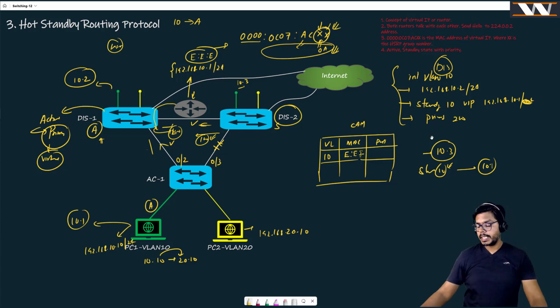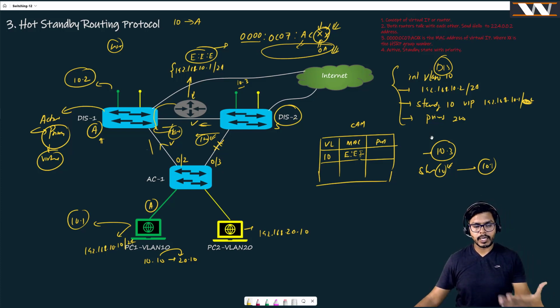Yeah, so some of the things I am deliberately leaving because I believe if you have the fundamentals clear, you can do that. But since you have specifically asked, suppose we have two switches. This one is my distribution one, this is my distribution two. This was active, this was standby. Something bad happened to this router.